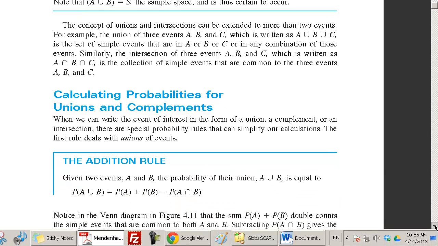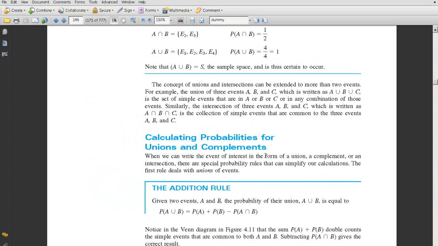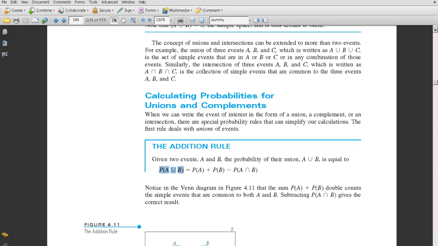The addition rule. When we can write the event of interest in the form of a union, so suppose the event of interest is A union B, or a complement, or an intersection, there are some special probability rules that can simplify our calculations. The first rule deals with unions of events. So we have this rule here.